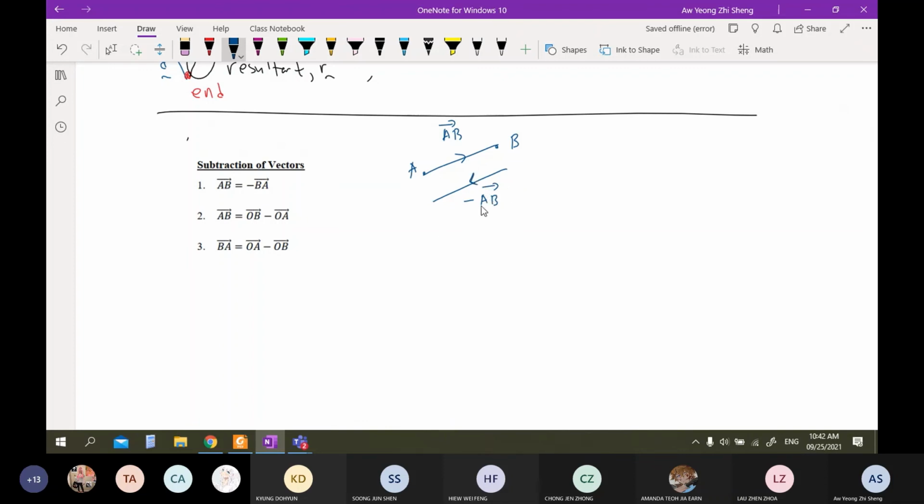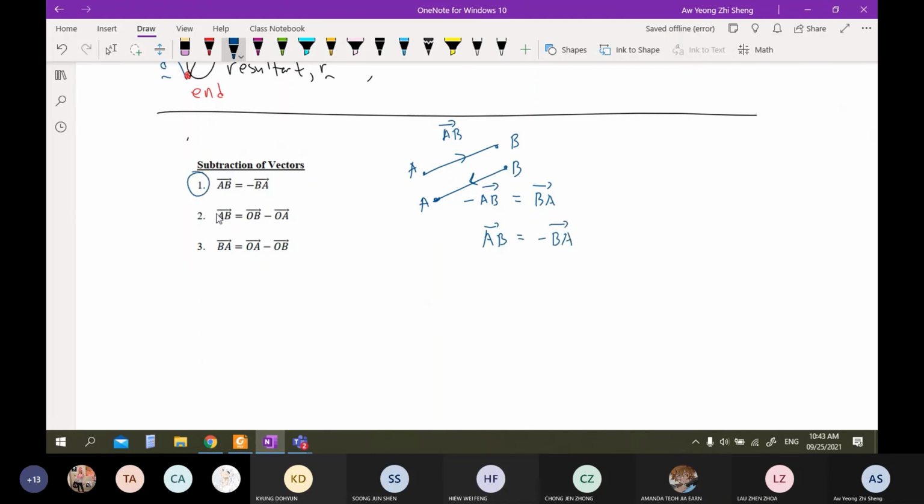And negative of AB is also the same as the vector directed from B to A. Right? And of course you can move the negative to the other side, and you write AB equals minus BA.